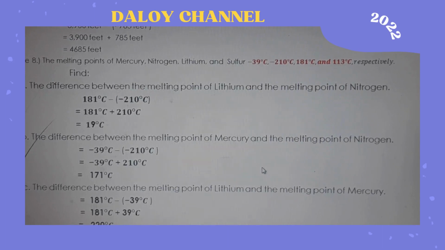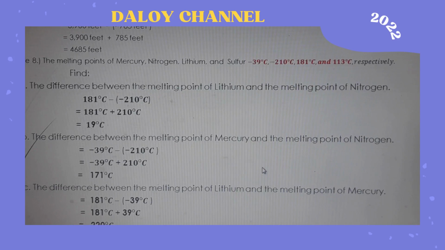For number 8, the melting points of lithium, mercury and nitrogen are positive 181 degrees Celsius, negative 39 degrees Celsius and negative 210 degrees Celsius respectively. You are required to find, in letter A, the difference between the melting point of lithium and the melting point of nitrogen. So the melting point of lithium is equivalent to 181 degrees, to be subtracted by negative 210 degrees Celsius.